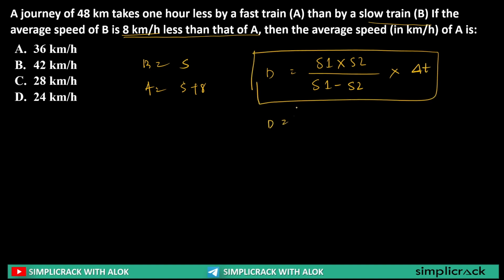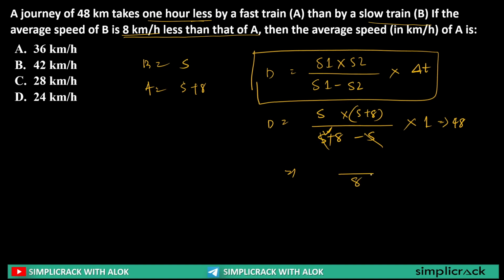If we put it over here, we get S into (S plus 8) is equal to (S plus 8 minus S), because this speed is higher, multiplied by the change in time, 1 hour less, and D is 48 kilometers. So S cancels out, it is 8. S into (S plus 8) is equal to 48 multiplied by 8.